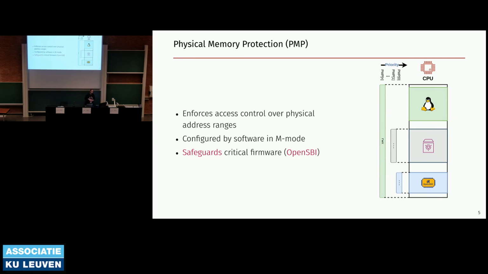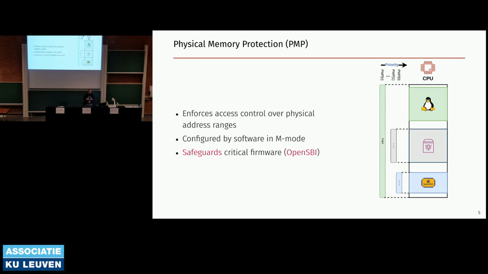So you can have your operating system running with read, write, execute permissions, and so on. You can have your enclave not accessible from other processes. You can have your firmware not accessible from other processes running in the machine.